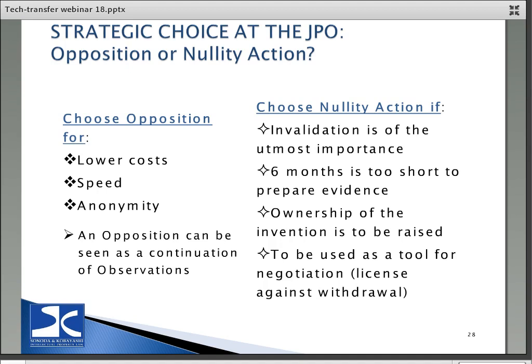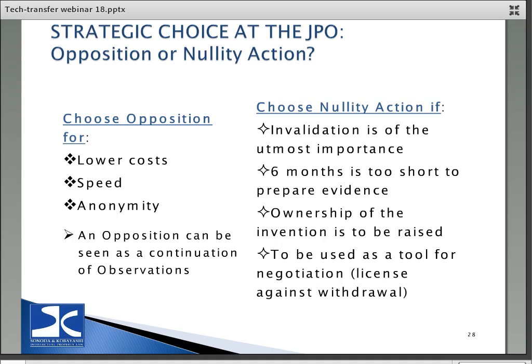In these situations, you should consider, or rather choose, nullity action rather than opposition. That is our advice.